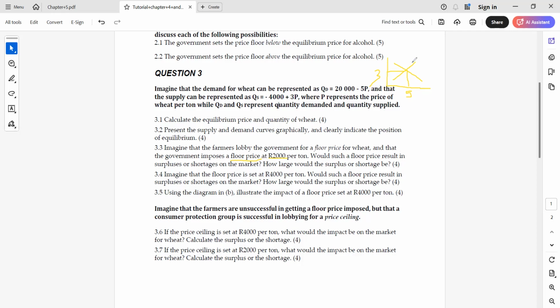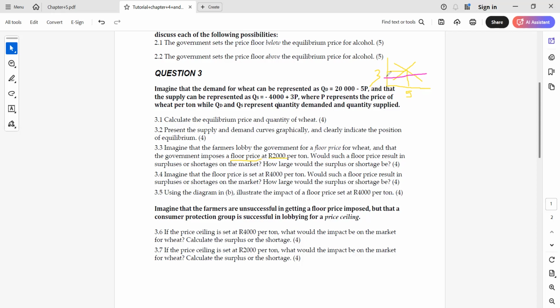Remember the price is 3,000. So if they're saying the price floor should be 2,000, it basically means they want it to be somewhere here. Let me use a different color. I'm going to use this one, I love pink. So they want it to be somewhere here, that's 2,000. This would be ineffective because they're saying we can charge any price from 2,000 and above.